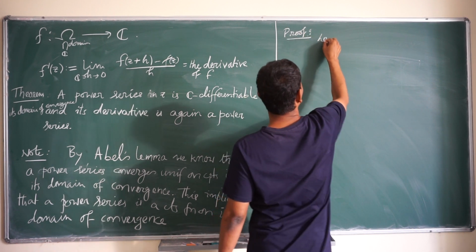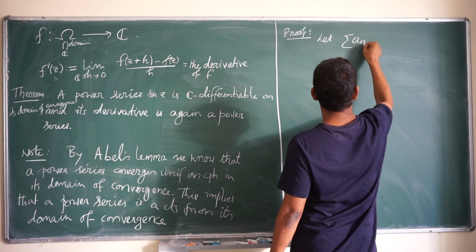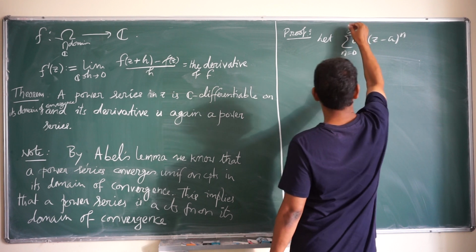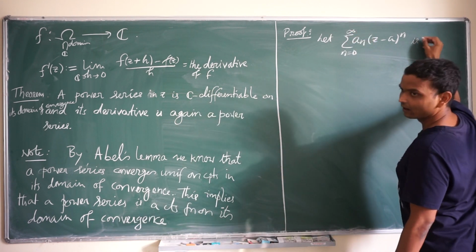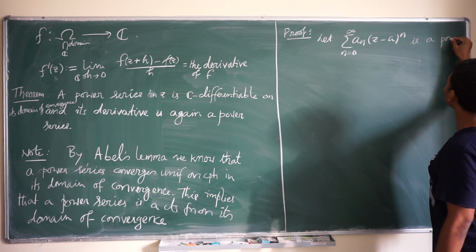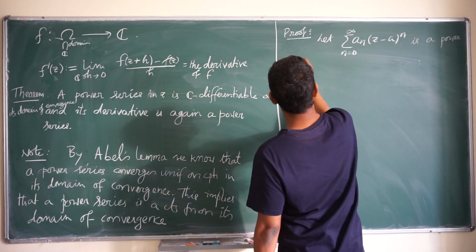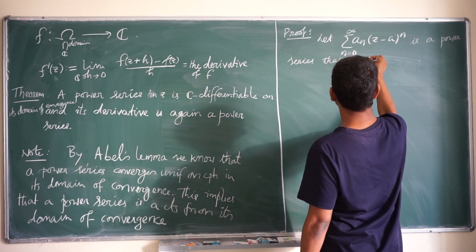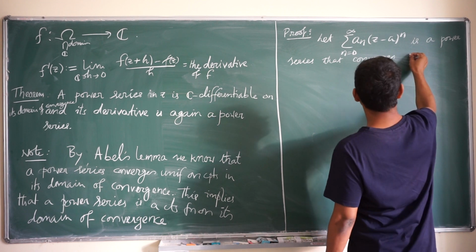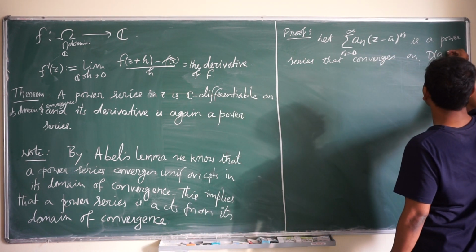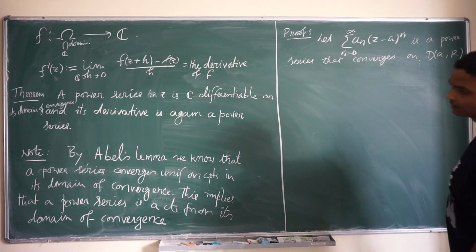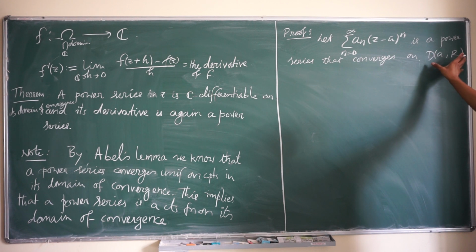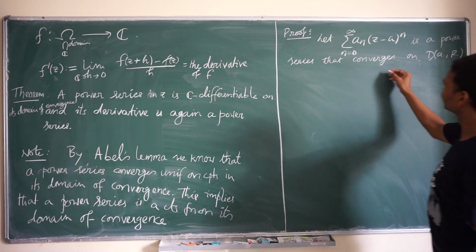So let the summation a_n (z minus a) to the power n, n from 0 to infinity, be a power series that converges on the disk D(a, R). This may or may not be the radius of convergence; we don't care. What we need is R greater than 0.